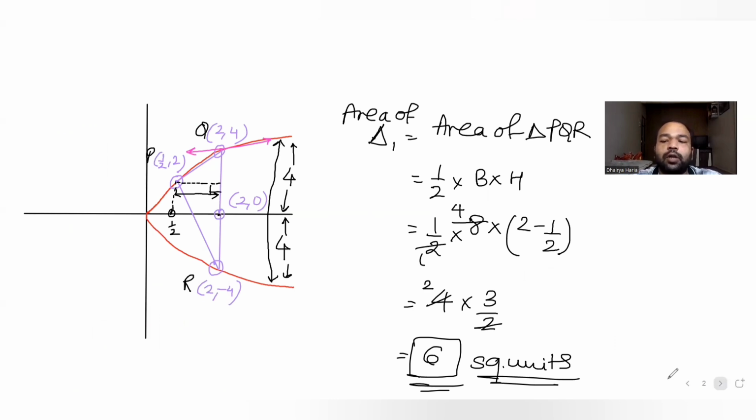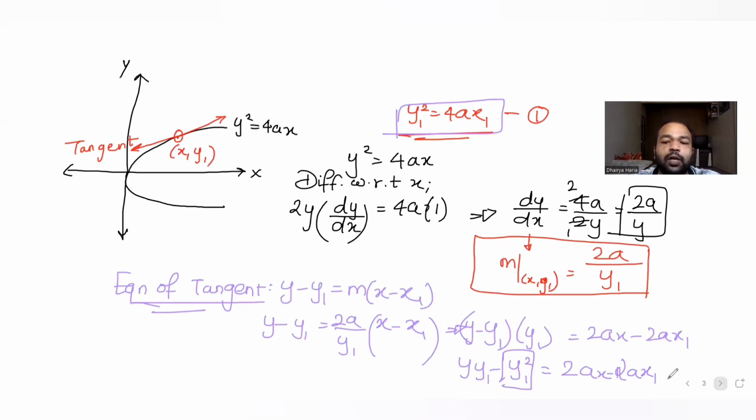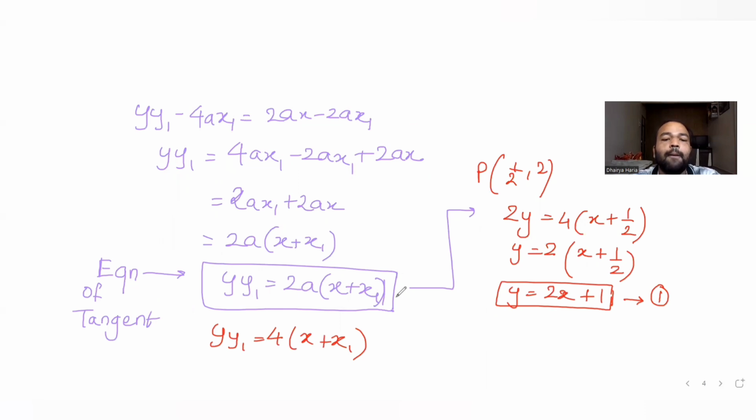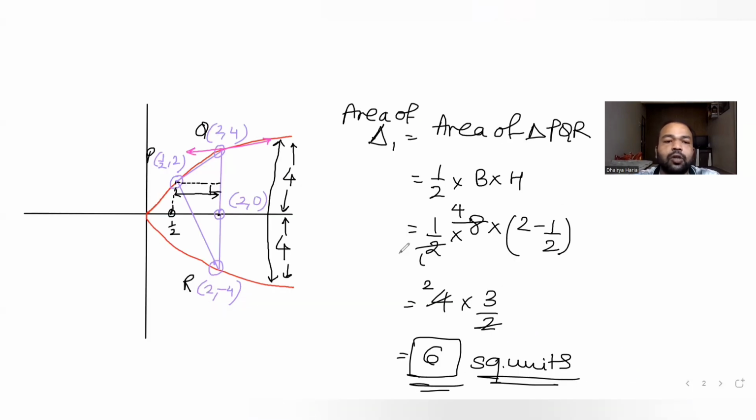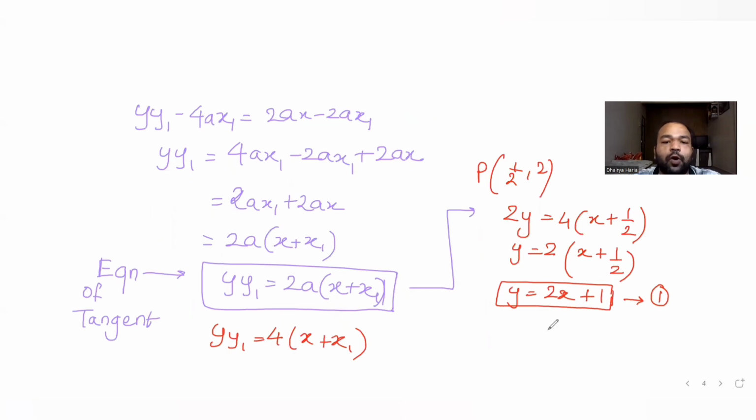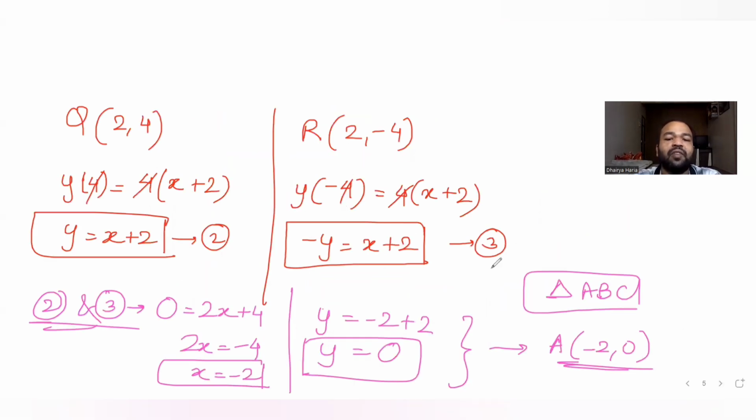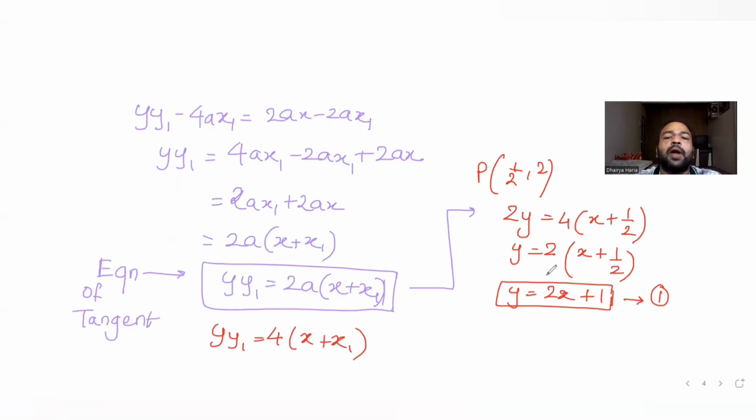Then we figured out the equation of tangents to the parabola, that is given by this idea: y y1 is equal to 2a times x plus x1. With the help of that, we figured out the tangents drawn at all the 3 points P, Q, and R by just substituting those points as x1 and y1. We got 3 equations of lines that were nothing but my equations of tangents.